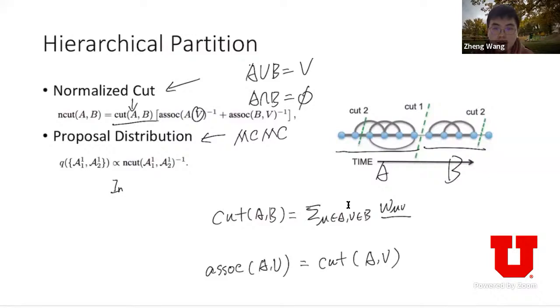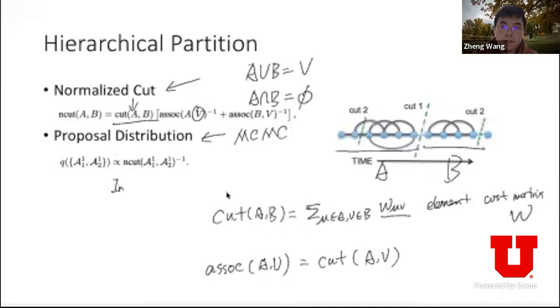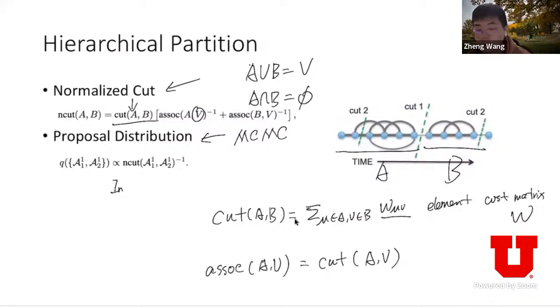Oh, here it's the element of the cost matrix W. Here, the matrix W is just some empirical correlations calculated from the multiple trials on different locations. If you have n points in this trajectory, your W is n by n.